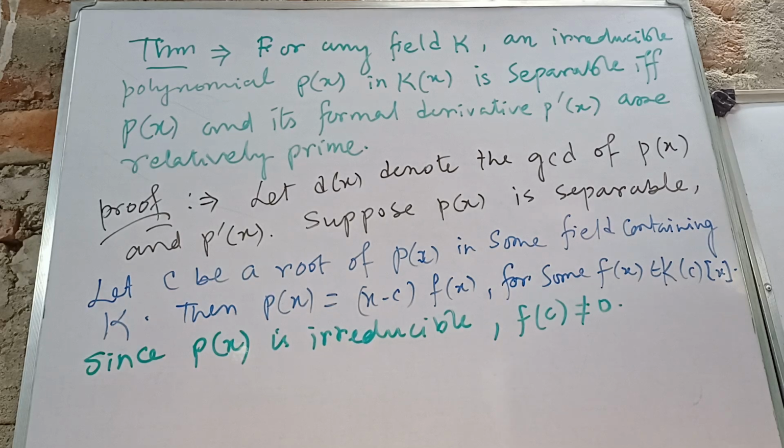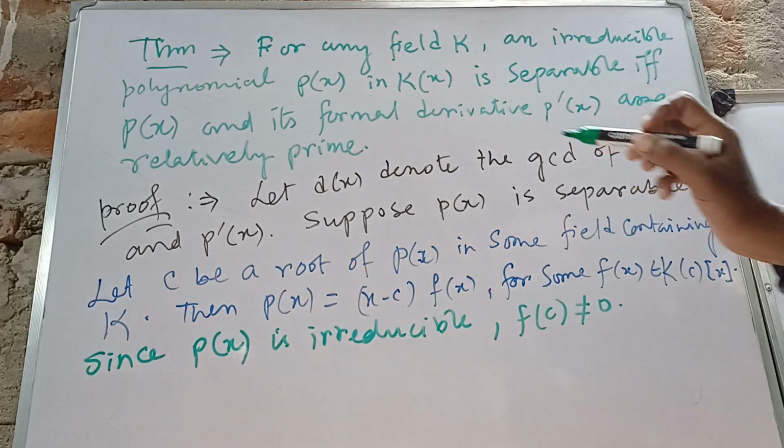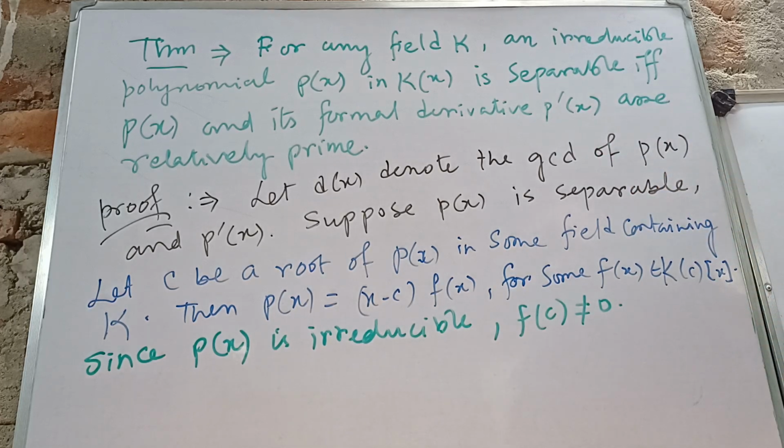Now p(x) equals (x minus c) f(x), where c is a root of p(x) in some field containing k, and so f(c) is not equal to 0.